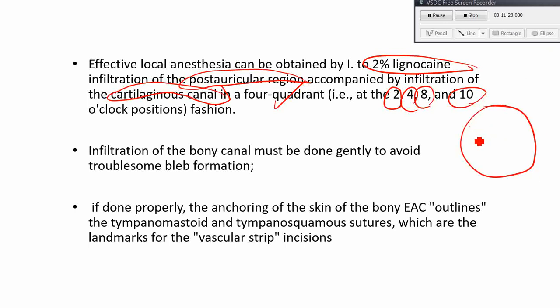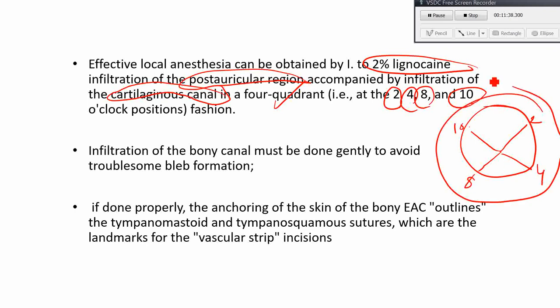So this is the 10 o'clock position, this is the 2 o'clock position, this is the 8 o'clock position, this is the 4 o'clock position. 10, 2, 4 and 8. This is the technique wherein you infiltrate the external auditory canal for local anesthesia.